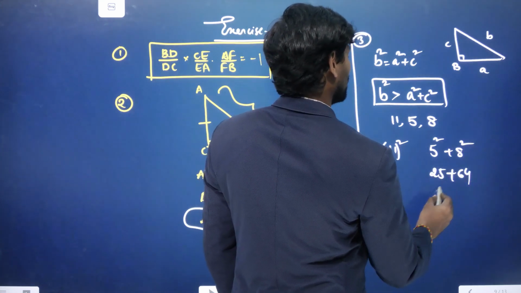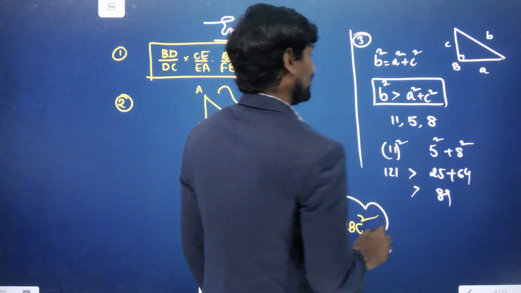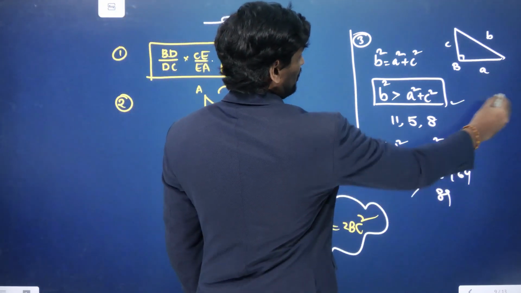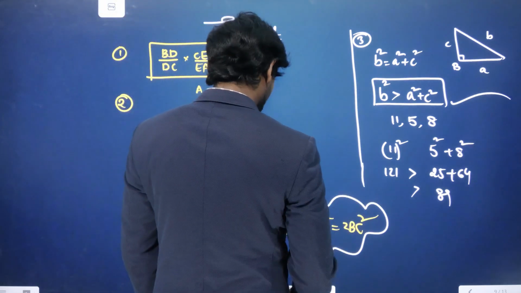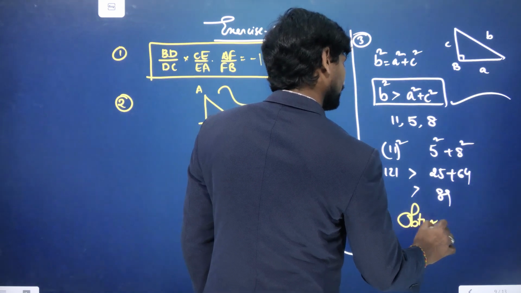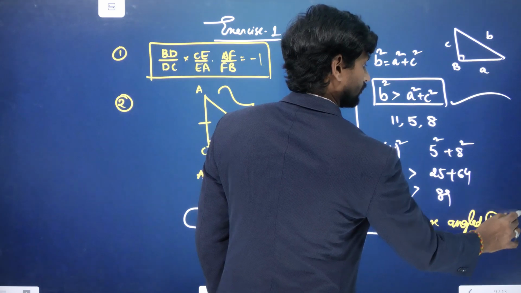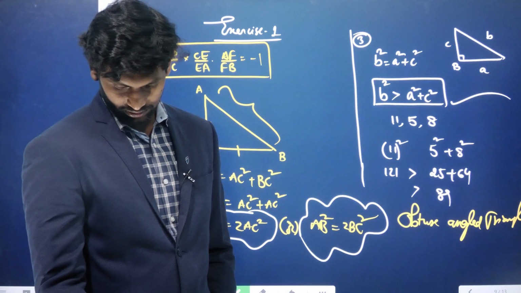When you add these, we get 89. And 11 square is 121. So 11 square is greater than the sum of the squares of the remaining two sides. So it will definitely be an obtuse angled triangle. Okay, please check.